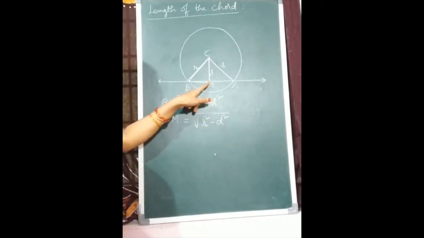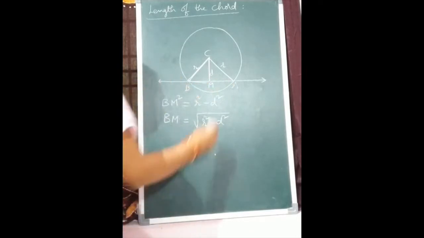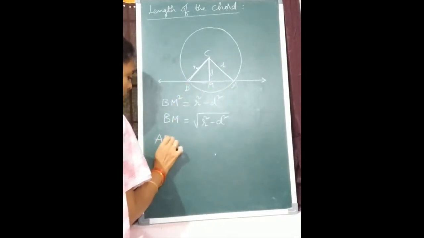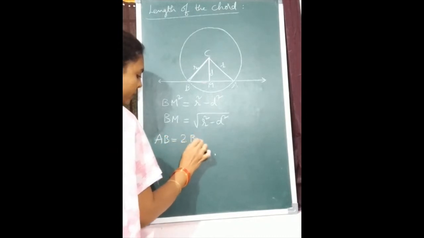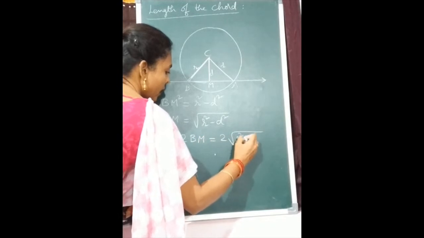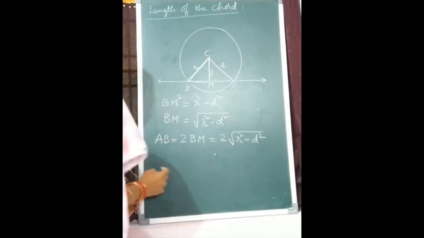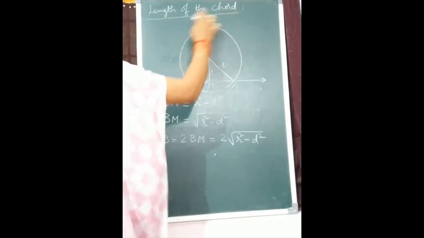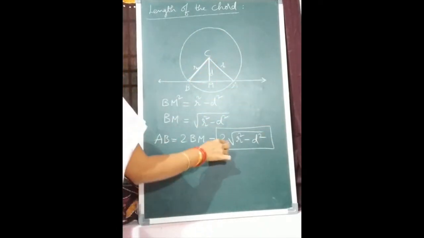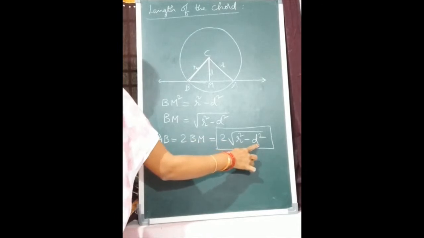M is the midpoint of AB, so the length of AB is equal to 2 times BM, which is 2 times root over R square minus D square. So the length of the chord is 2 into root over R square minus D square.